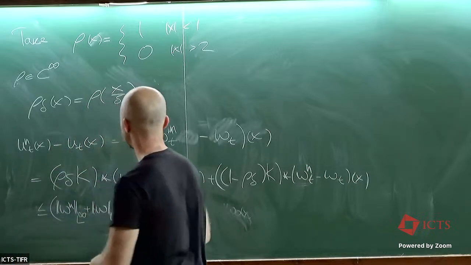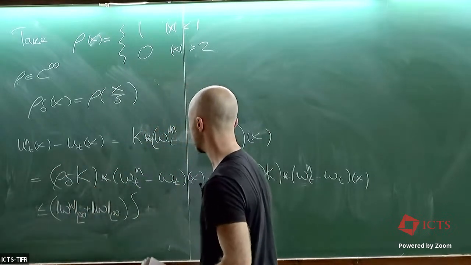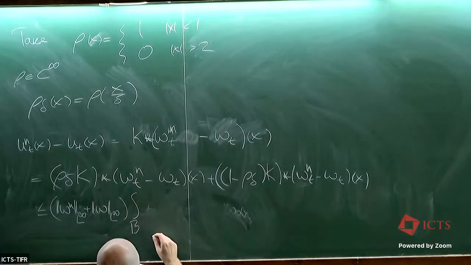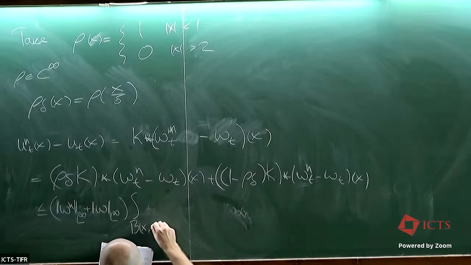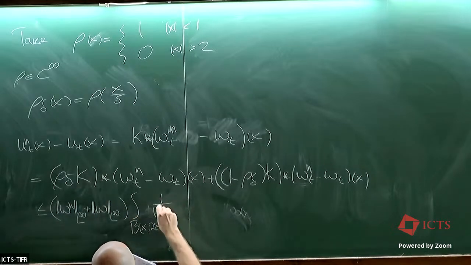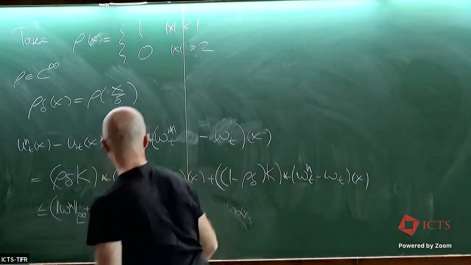Right, but the rho is cutting off. So this will be like the ball around x with radius 2 delta, and then k behaves like 1 over x minus y, dy.